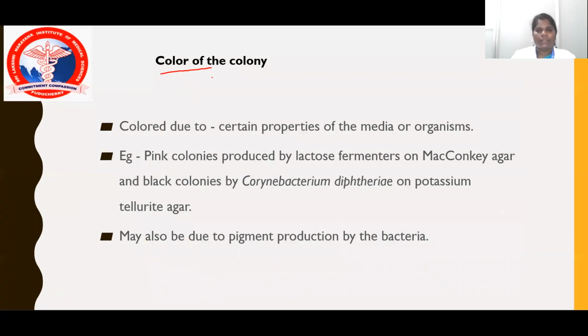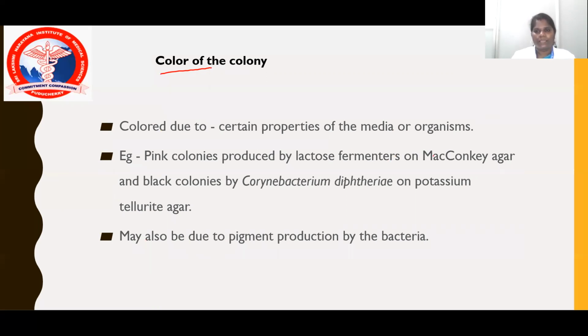Coming to the color of the colony, that also gives an idea of what organism has grown in the culture. The color is purely based on either the media producing a color change or the organism producing the color to make it distinct from the media.